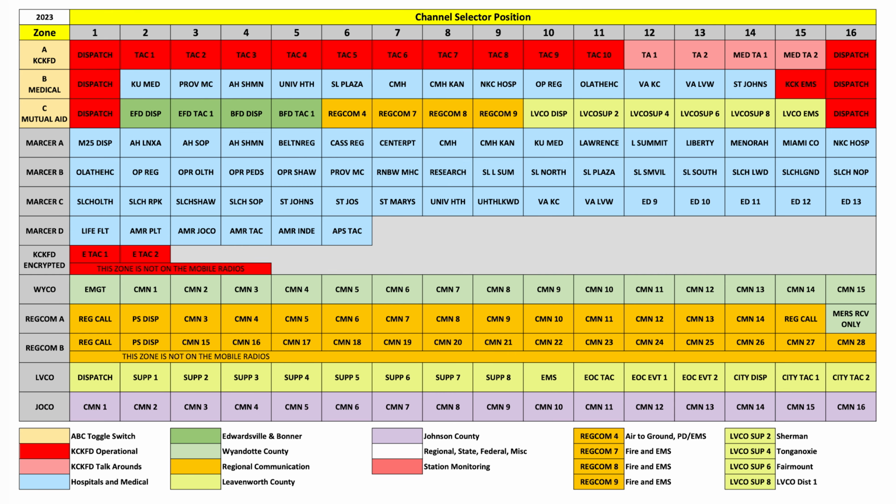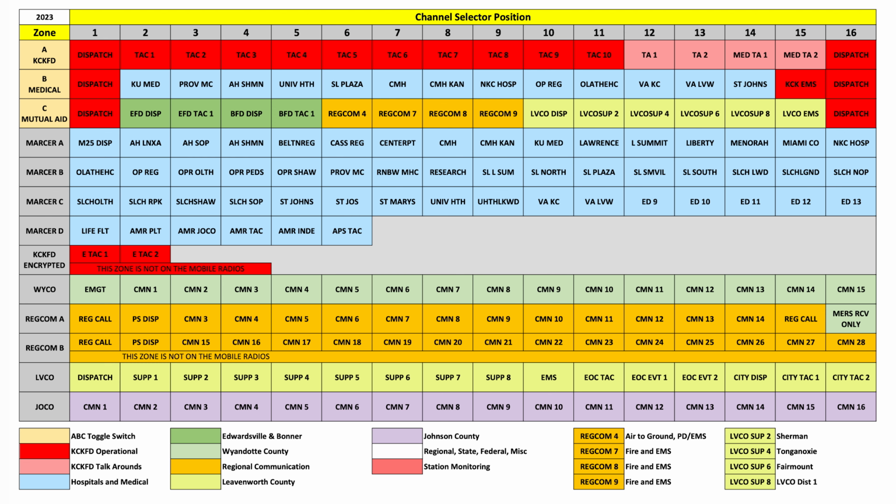The next four, being orange, are regional comm channels, and all the regional comm channels on the whole chart are orange. These are the primary ones that we would have been assigned by the region as fire department use. The RegComm 4 is an air-to-ground channel for if we're working with helicopters, and that can be law enforcement or medical.